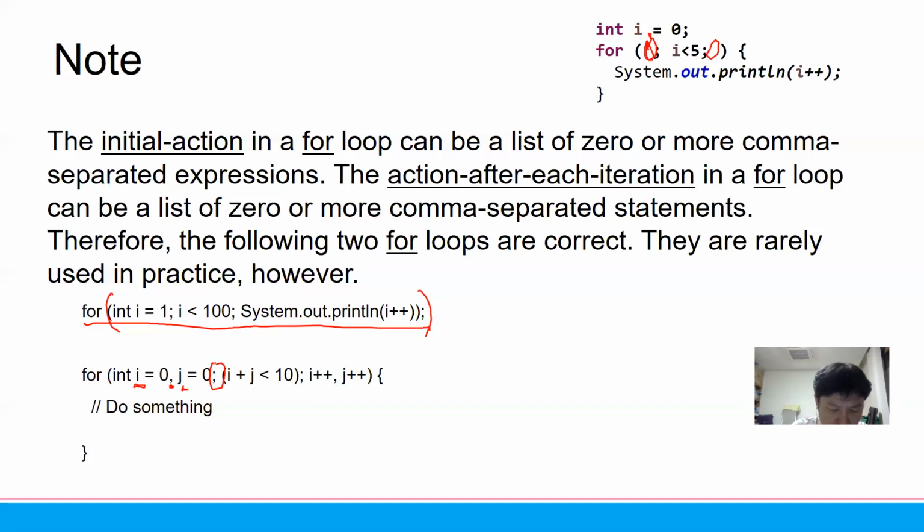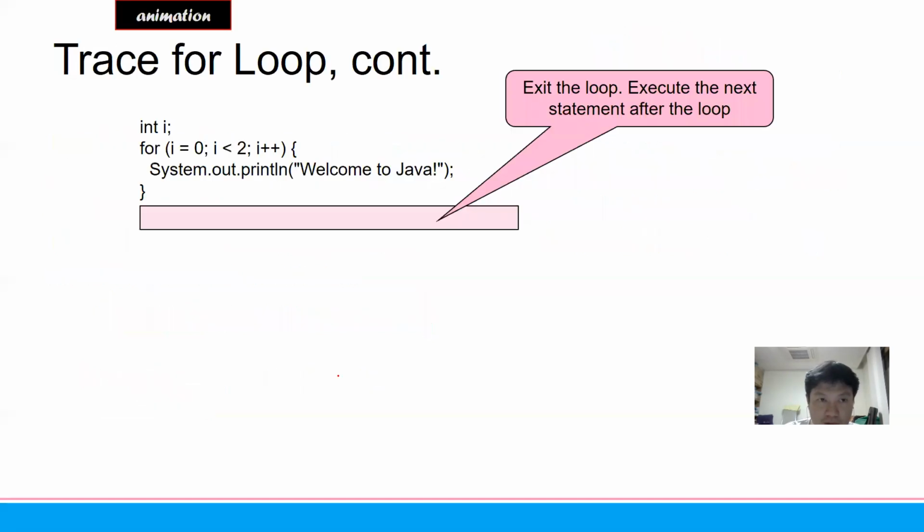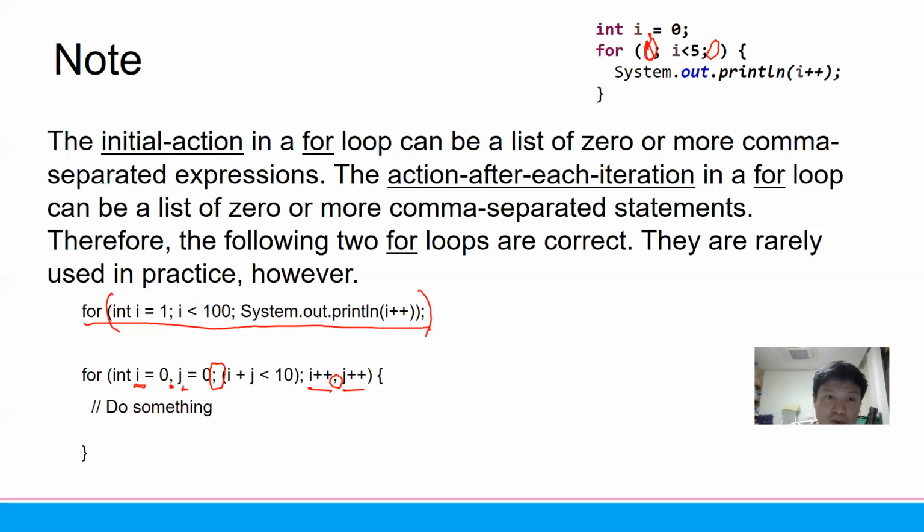If it is true, then you will do something. And finally, after you finish with those statements, you will add i with 1 and then add j with 1. And the separator is comma. You need to understand the separator is not the semicolon but comma. If the separator is semicolon, it means you want to distinguish the variable with the three parts. So yeah, the concept that you already know.